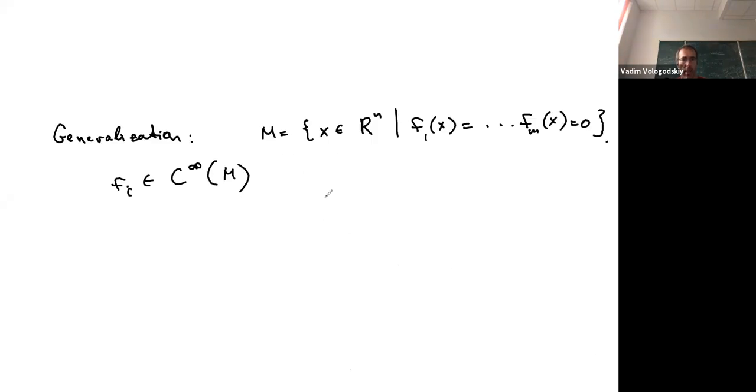In this setting, the condition will be that for any point P in M, the rank of the Jacobian matrix, which is the differential of the fi at point P, is maximal possible, which means that it's m.